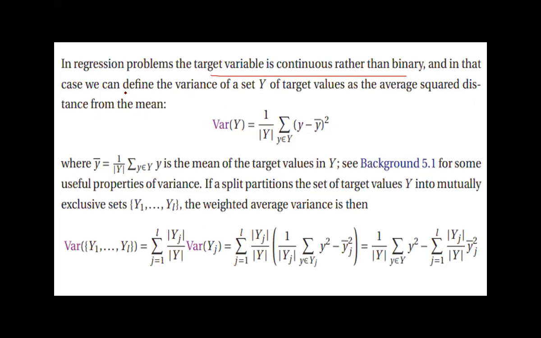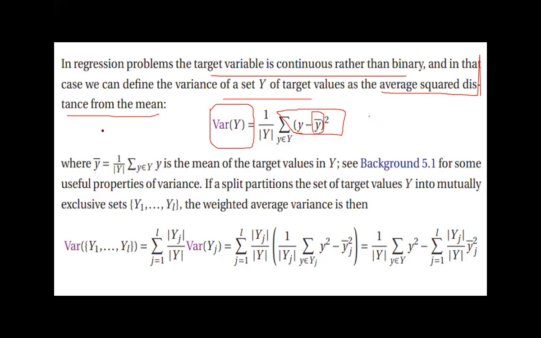In that case, we can define the variance of a set Y of target values as the average squared distance from the mean. That is, variance of Y is 1 by |Y| times the sum over y belonging to Y of (y minus y dash) whole squared. Y dash is the mean, my dear friends.